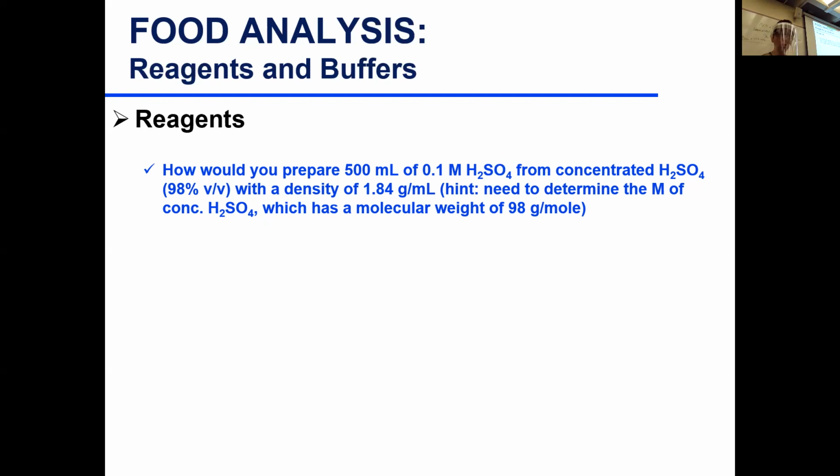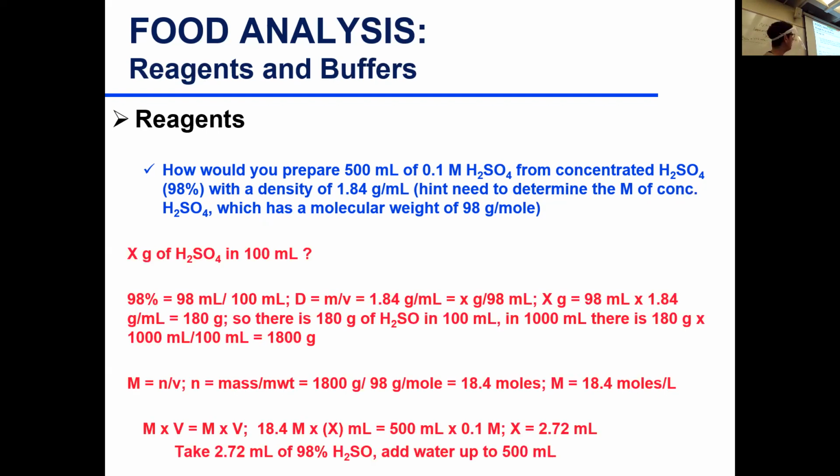Okay, all right, so I'll show you the calculations then. The way I did it here is I converted to grams from the beginning. How many grams do I have in 100 ml if I have 98 mils in 100 ml?